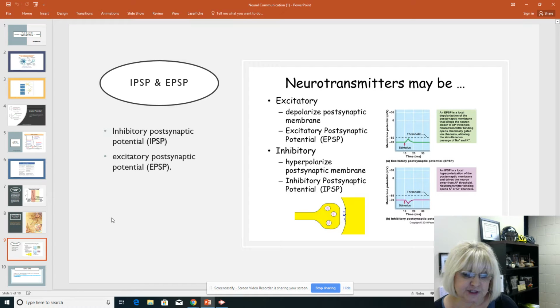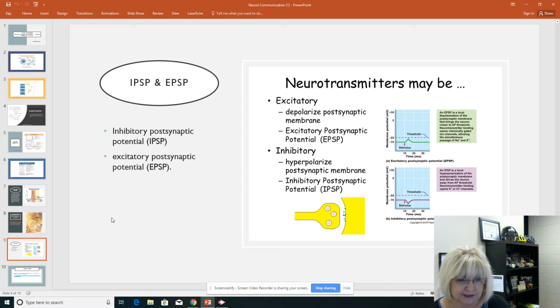Unlike action potentials, which behave according to the all or none law, graded potentials can be of varying magnitude. They have no refractory period. An inhibitory postsynaptic potential is a hyperpolarization of the postsynaptic membrane in response to neurotransmitter binding, thereby moving the membrane further from the threshold.